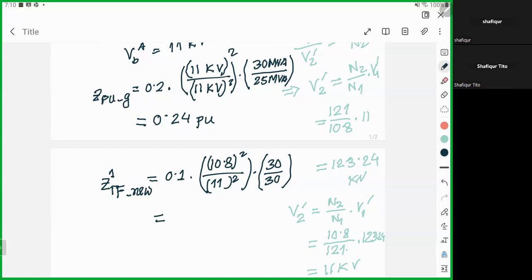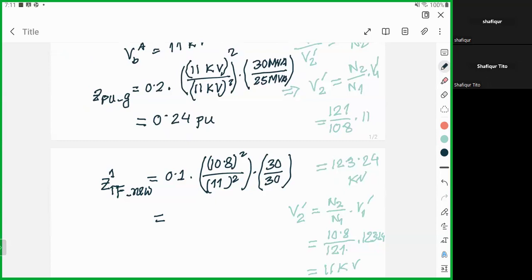So if I do this calculation, this will be equal to 10.8 squared divided by 11 squared.